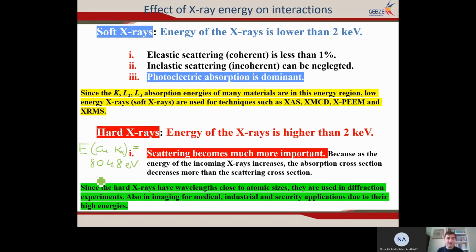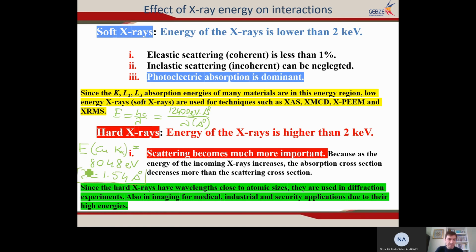And the wavelength of this energy is 1.54 angstrom. You can calculate this by using the relation E equals hc over lambda, okay? And then you can get this lambda for the copper K alpha radiation.